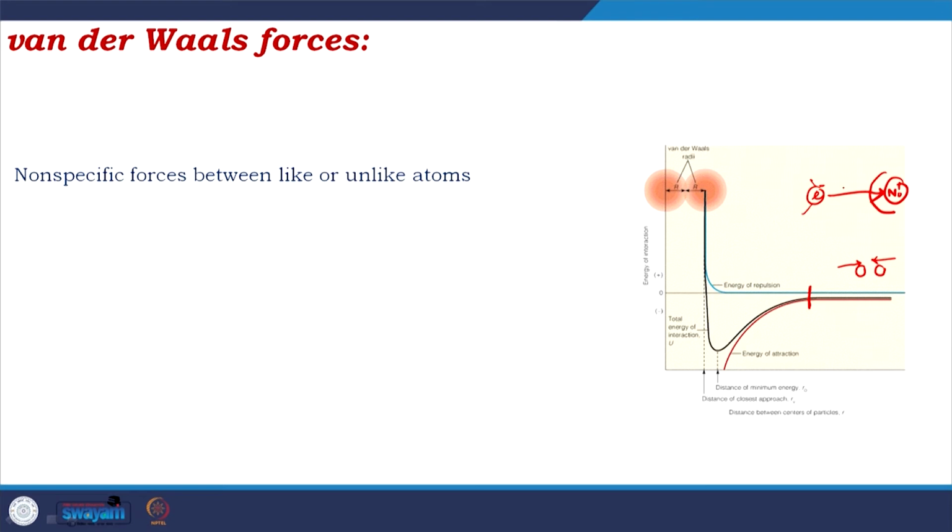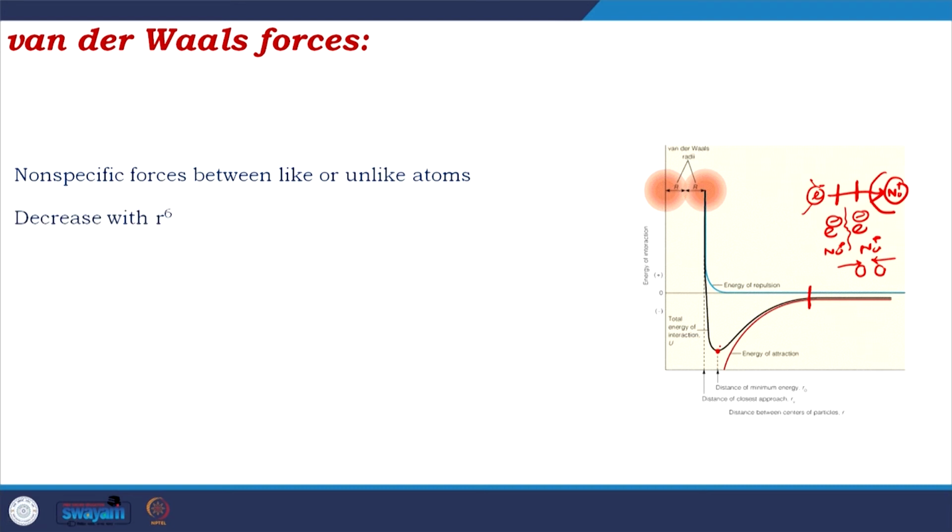But when it comes to a certain distance, then electron-nuclei repulsion starts, and the energy increases. Okay. This is the minimum energy distance and this is the equilibrium distance.